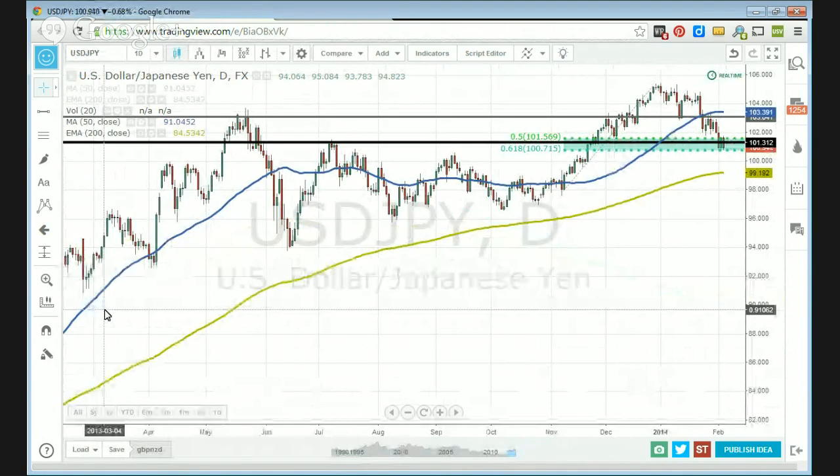Okay, this is interesting to see, because now I'm tempted to go long a bit, but we'll see. I think I would rather see if it can close above 101.30 at bare minimum, before placing a long order on dollar yen. Right now it's a little choppy.